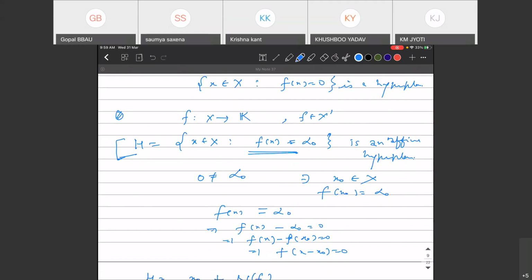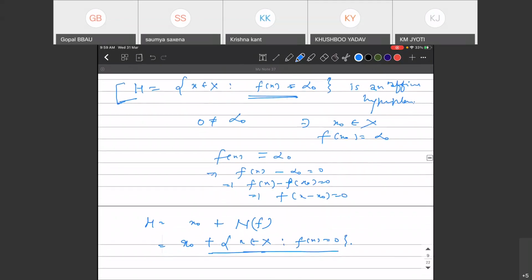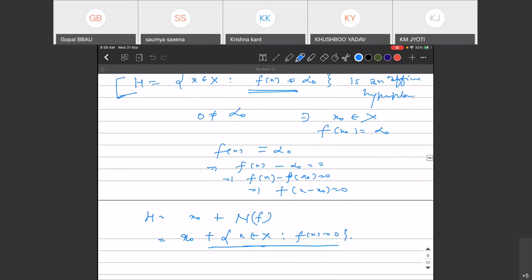So a hyperplane is the null space of a linear functional, right? Yes, sir. Okay, then any other doubt? No, sir.